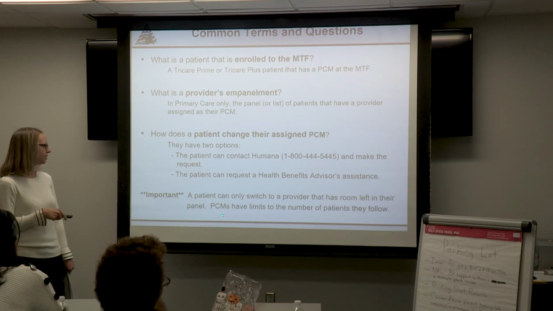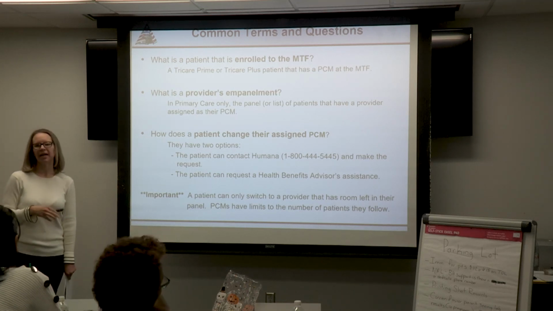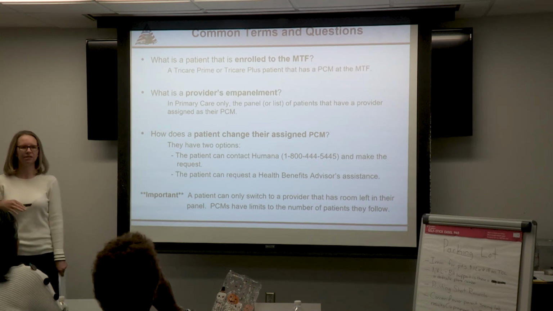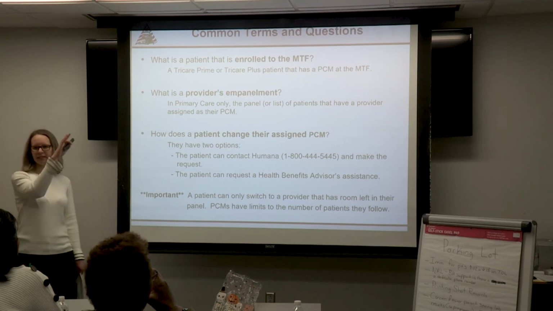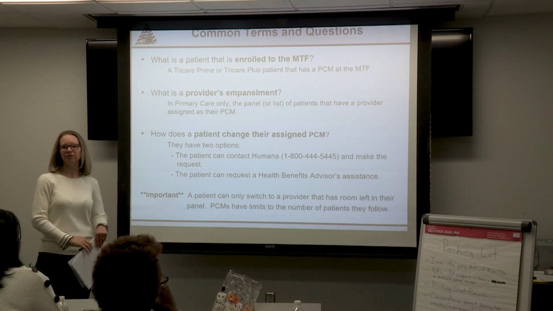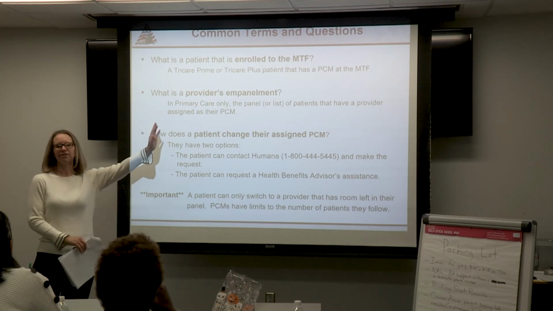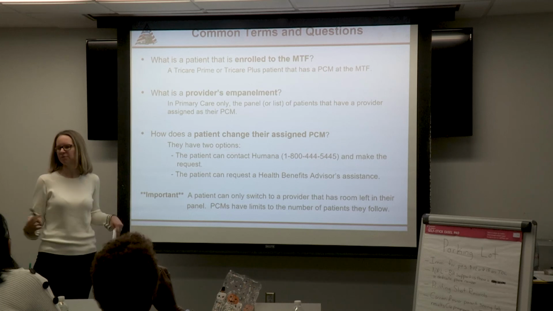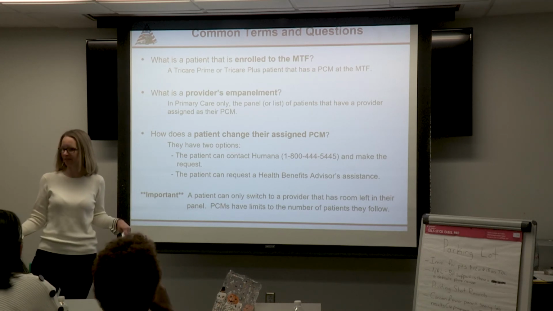So, important to note, you may have 10 primary care providers that are PCMs down in the primary care clinic, but their panels, or that list of patients, has a limit. Because we wouldn't want one of our providers to have 5,000 patients that they're following and another only have 1,000. That wouldn't be very fair, and they probably couldn't do that.